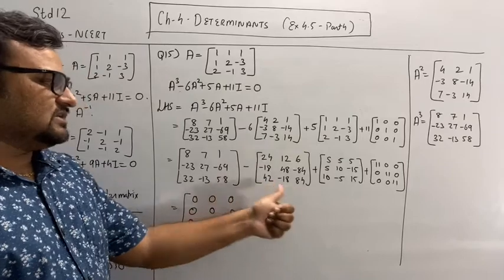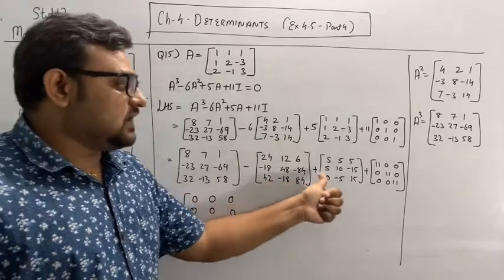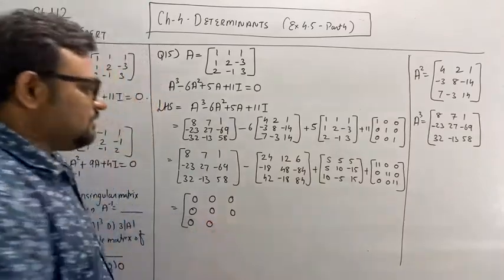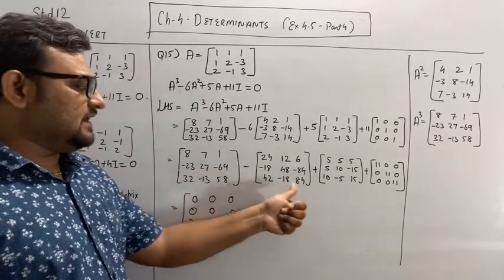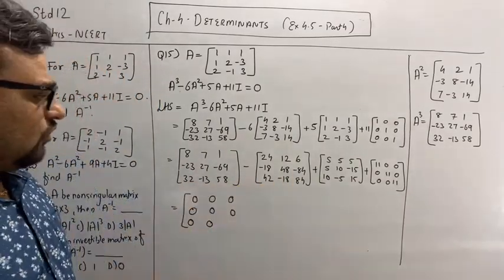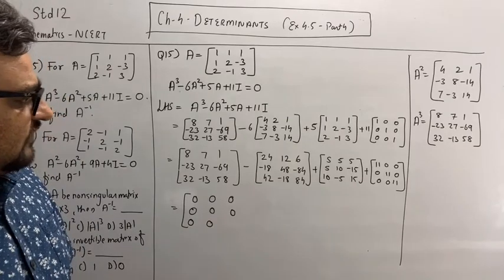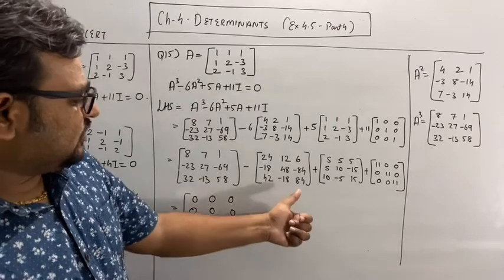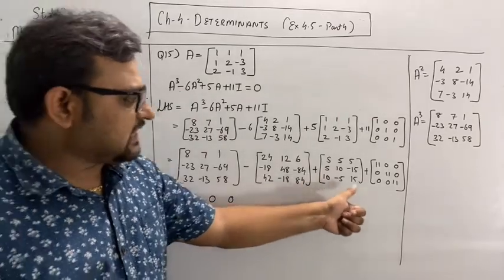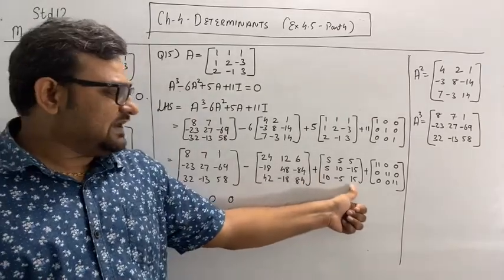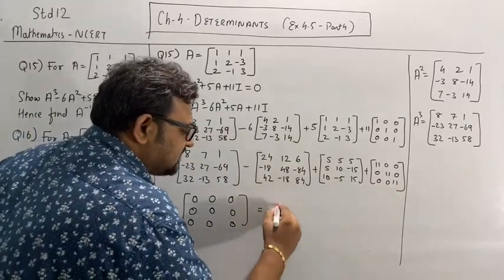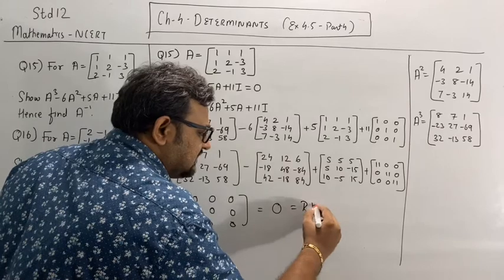So minus 13 plus 18, 5, plus minus 5, 0, plus 0, 0. 58 minus 84, that will be minus 26, plus 15, there will be minus 11, plus 11, 0. So this is a 0 matrix, the RHS.